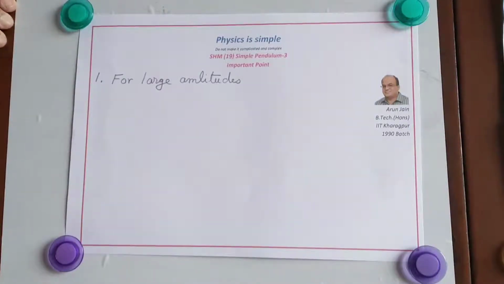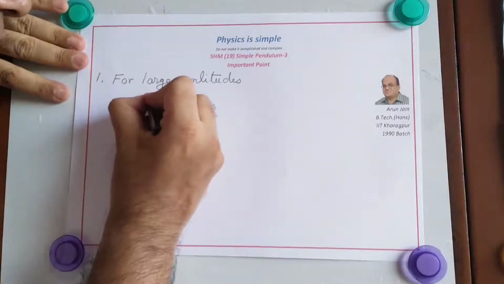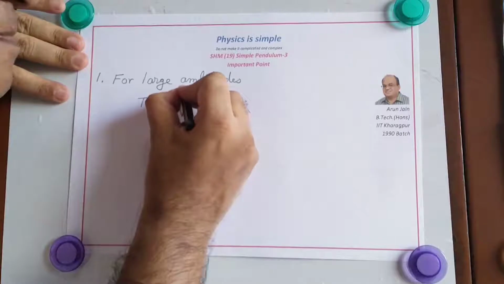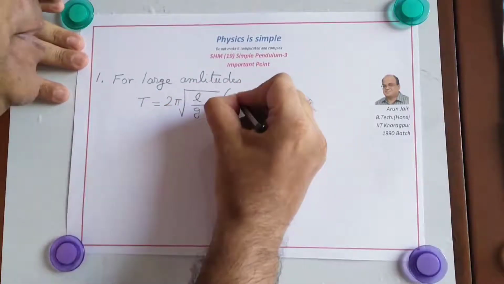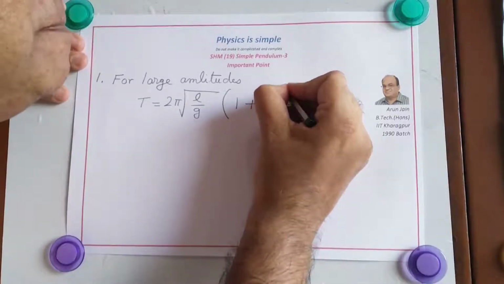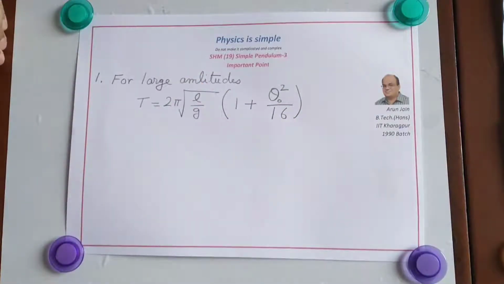In this case, the time period is given by 2 pi root over L by g, 1 plus theta naught square by 16, where theta naught is the amplitude.